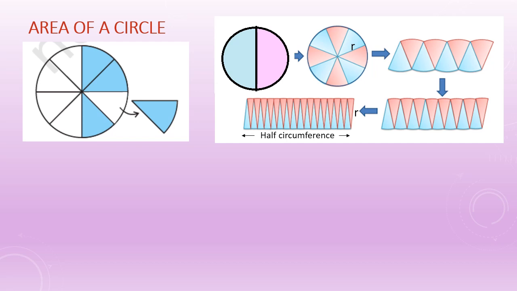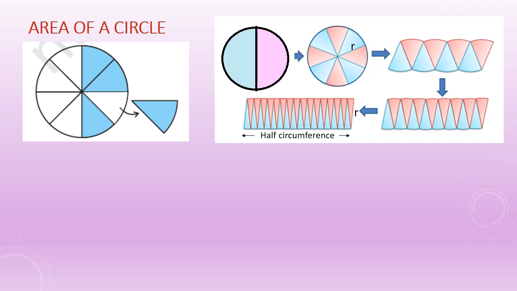In the third figure, the circle is divided into 16 parts, so it is nearer to the shape of a rectangle. In the last figure, the circle is divided into 32 parts and the parts are arranged in this manner.